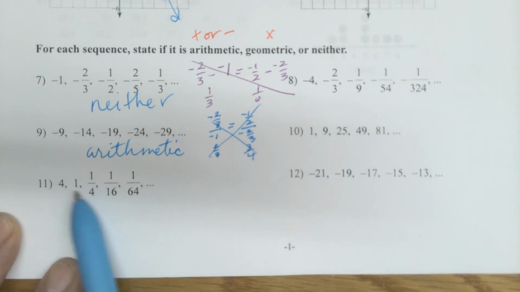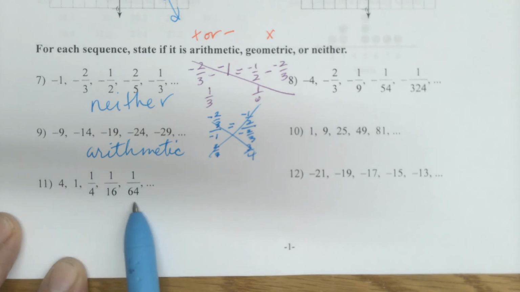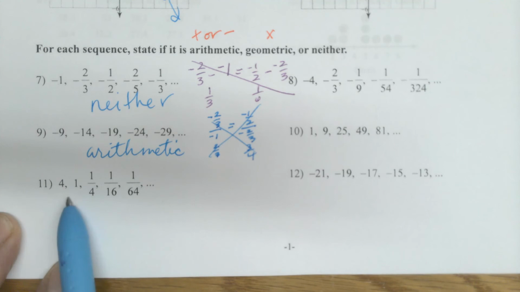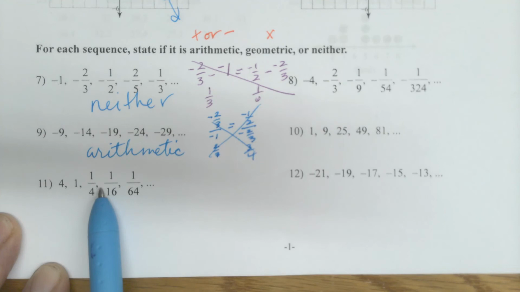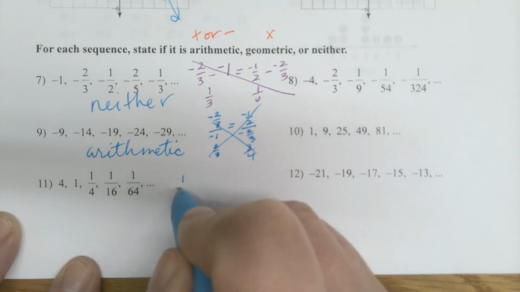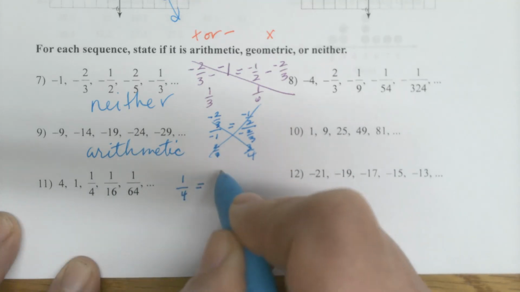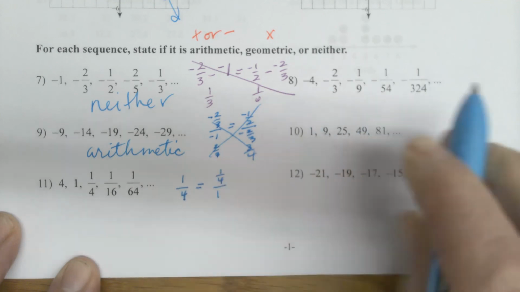And then up next, am I adding each time? This one's clearly not, because I can tell the difference would be 3, and I know 1 minus 3 is not 1/4. So it's not arithmetic. Now I'll check geometric. Is 1 divided by 4 the same as 1/4 divided by 1?